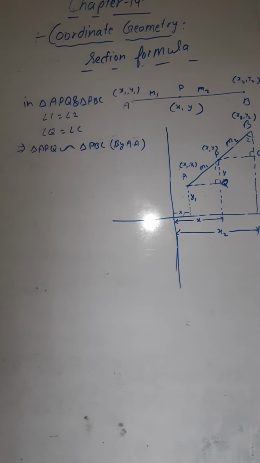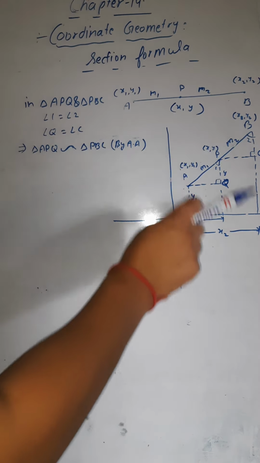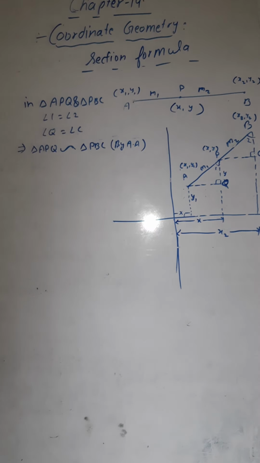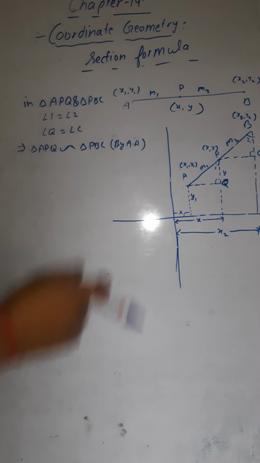Very good. Now, if these two triangles are similar, then the ratio of their corresponding sides will also be equal, because this is the theorem which you will read in triangles. So when two triangles are similar, the ratio of their corresponding sides would also be equal.